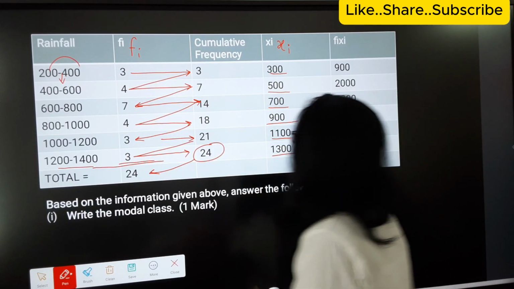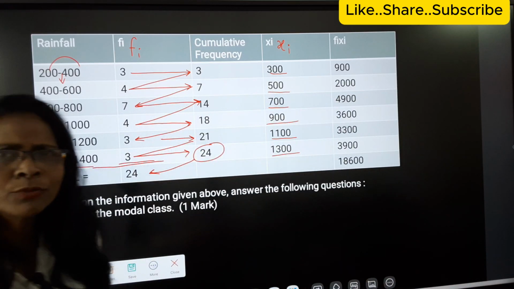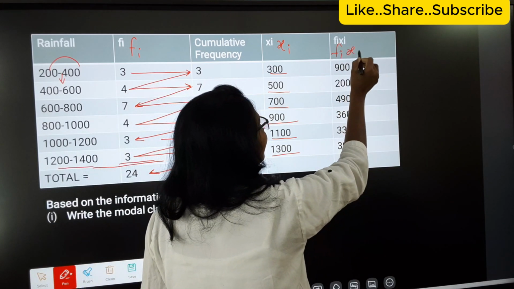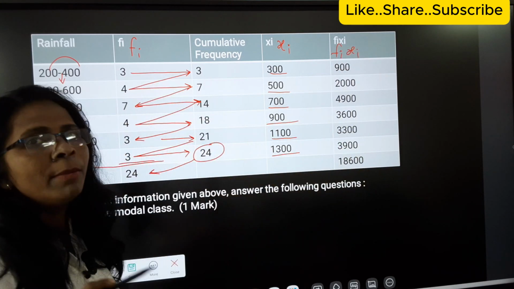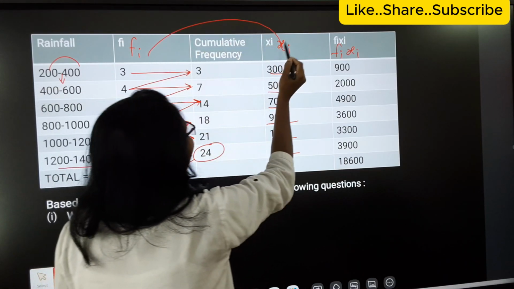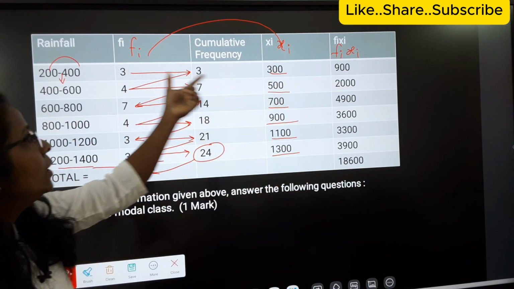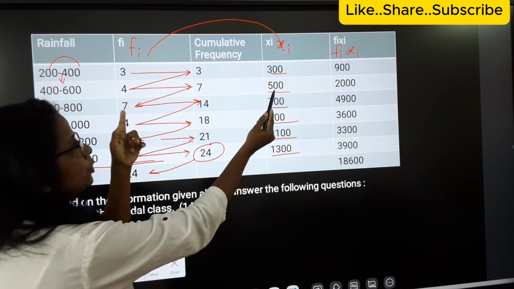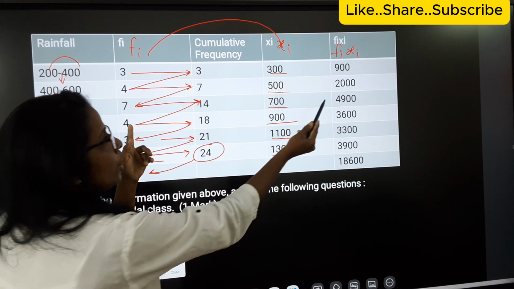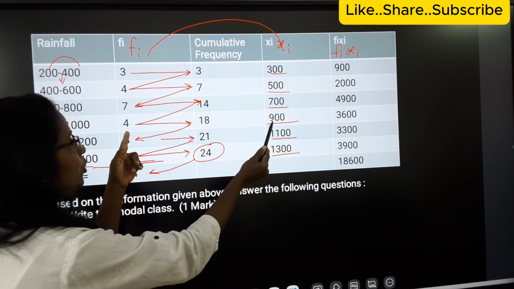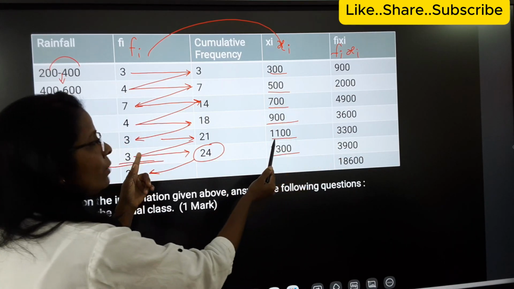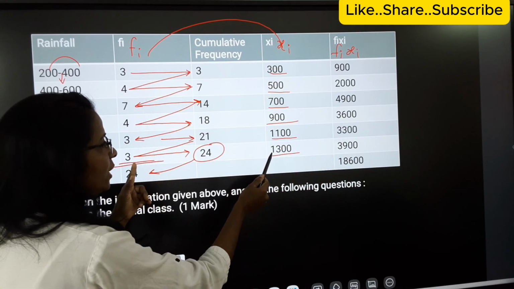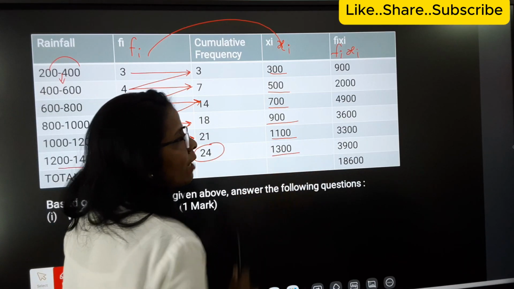Then the last column, students, is for Fi xi. That means the multiplication of this Fi and this xi. So 300 into 3 is 900. 500 into 4 is 2000. 700 into 7 is 4900. 900 into 4 is 3600. 1100 multiply 3 is 3300. 1300 multiply 3 is 3900.